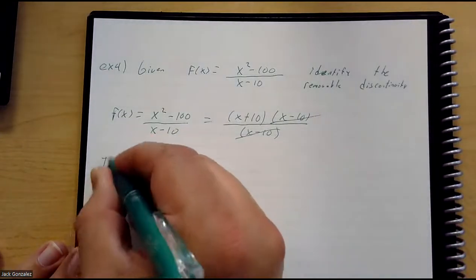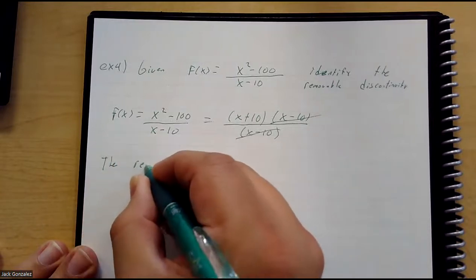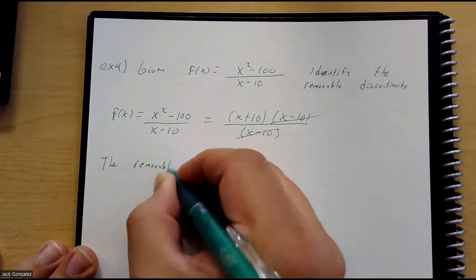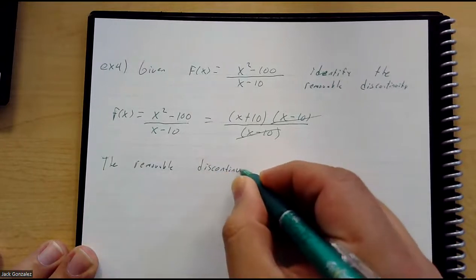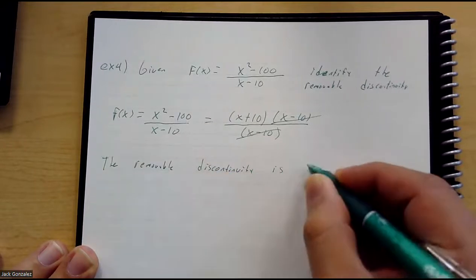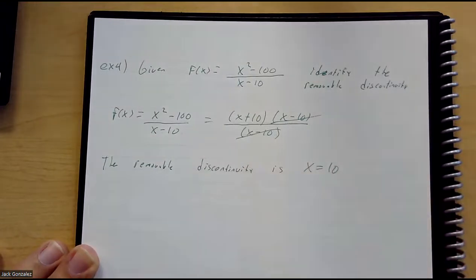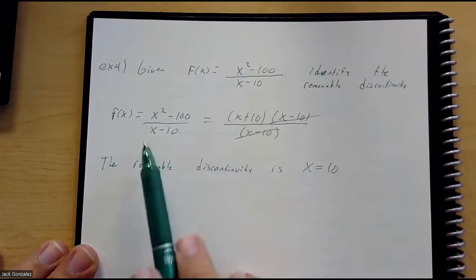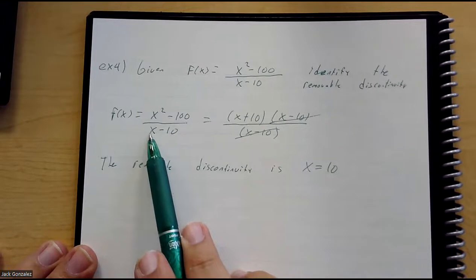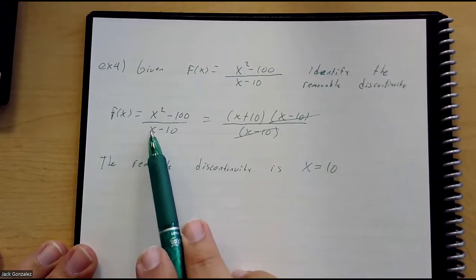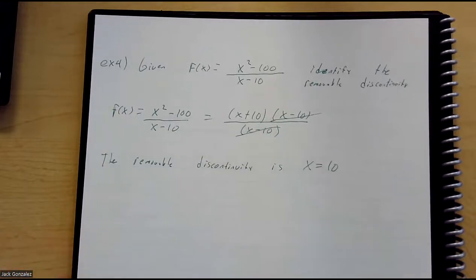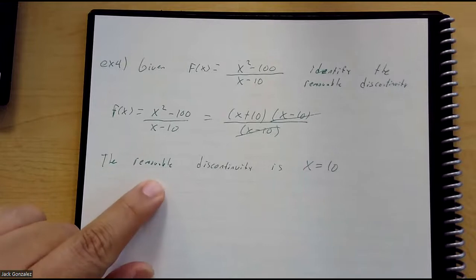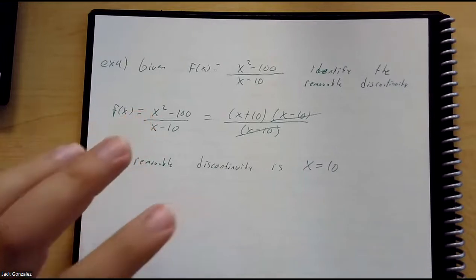So the removable discontinuity is x equal to 10. Because originally, plugging in 10 at the bottom would cause division by 0, correct? But now it's gone, so I can plug in 10, kind of.